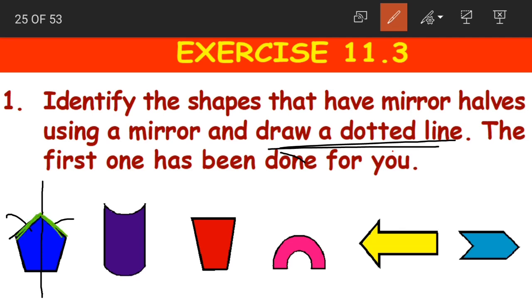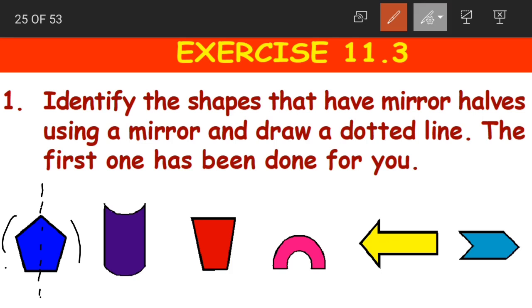Even here it is one slanting line, again one slanting line, one slanting line, a straight line and a straight line. So let us draw dotted only. This dotted line is dividing both the objects as symmetrical. It is dividing the object in such a way that both the halves are symmetrical. So this will be our line of symmetry.